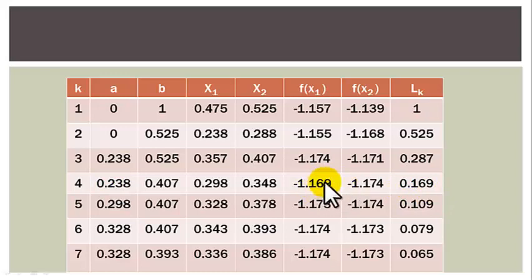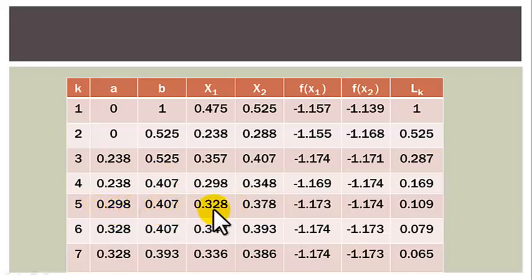Clearly, this figure is greater than this. So our next interval of uncertainty will be from x1 to b. Here is x1, which is 0.298, so that will be our a, and our b is 0.407.